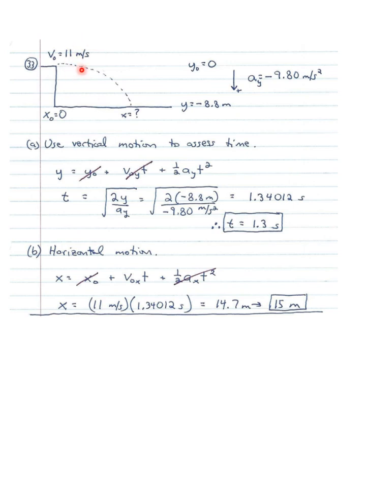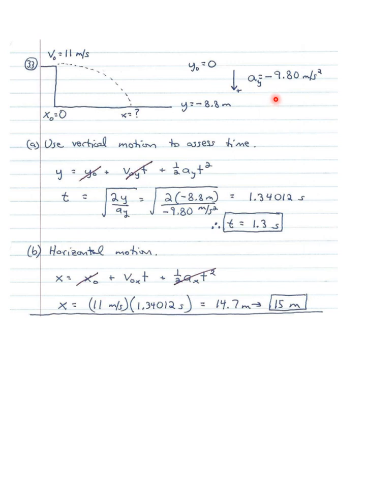Here I've drawn the parabola, and so it's going to hit the ground here at some distance, we don't know. And we want to first solve for time. Once we have time, we can see how far does it move horizontally. I've set up the picture in such a way that, I'm sorry, I've made down the negative direction.